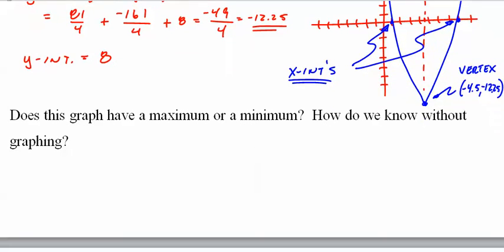So does this graph have a maximum or a minimum? It has a minimum. We know that because the a value is positive.